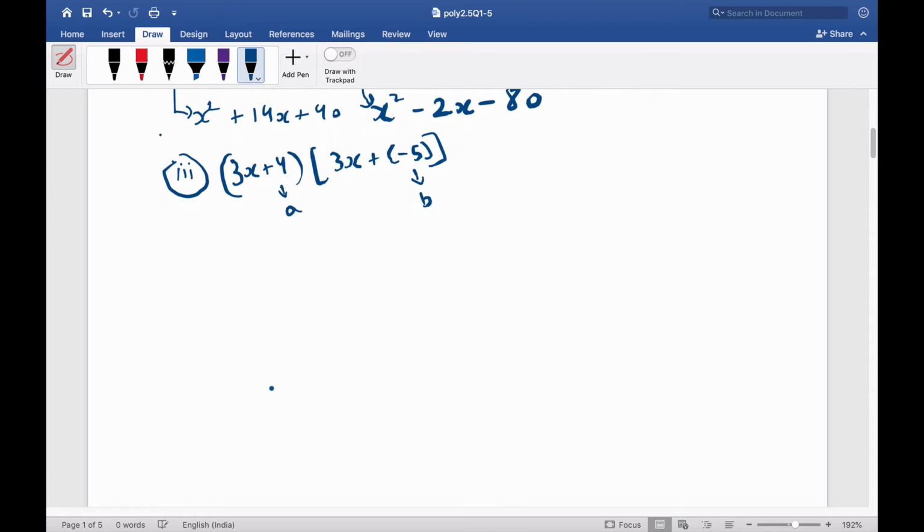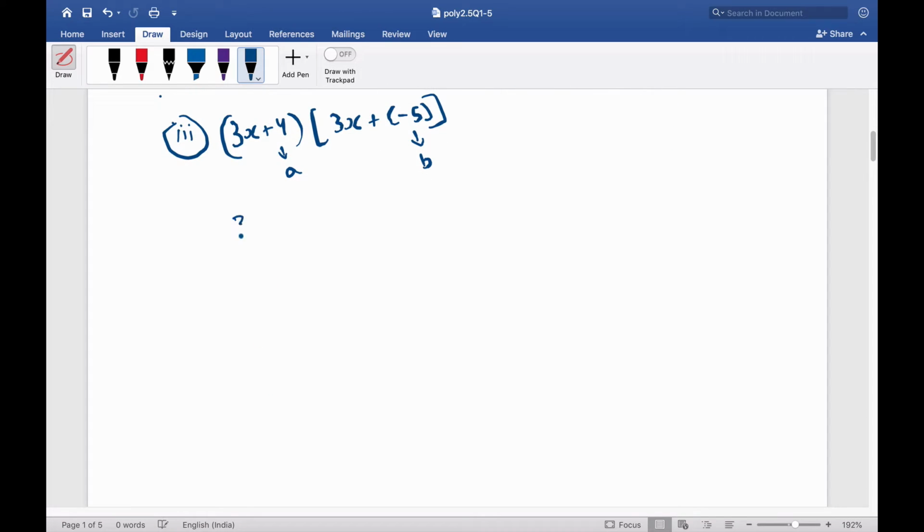So using the identity, I get 3x whole square plus a plus b into x plus a into b. So 3x whole square becomes 9x square. 4 minus 5 is minus 1. Minus 1 into 3 will give me minus 3x minus 20.